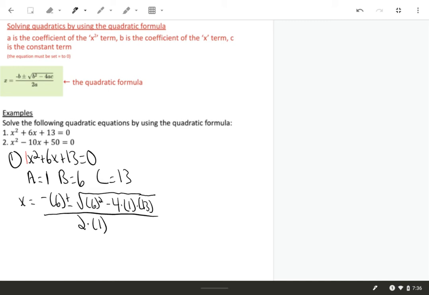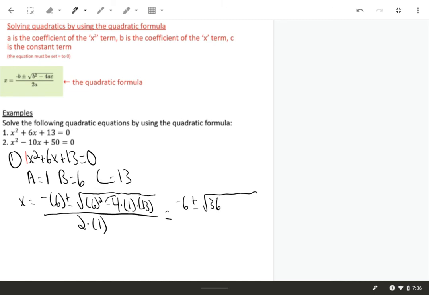So let's simplify. So we have negative 6 plus and minus square root of 6 squared. So 6 squared is 36.